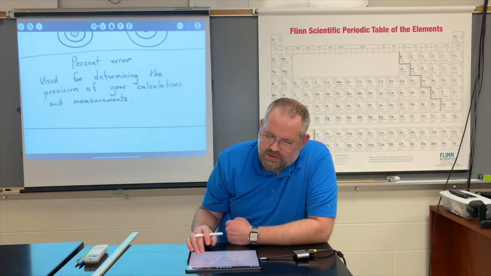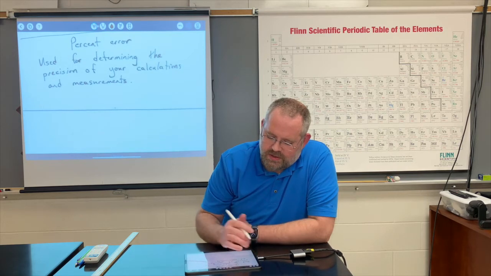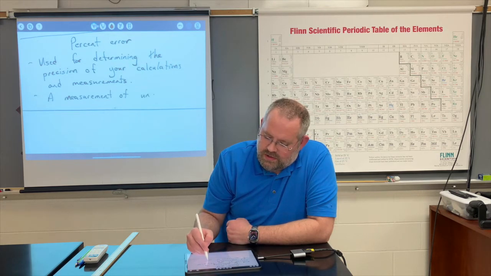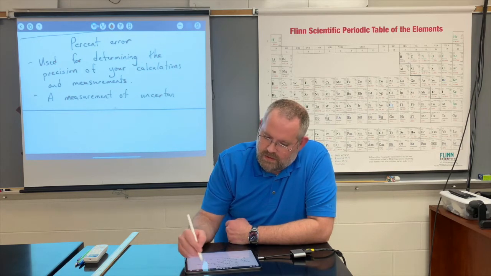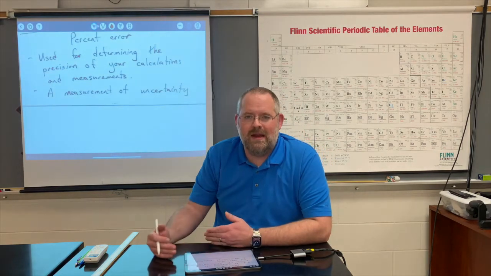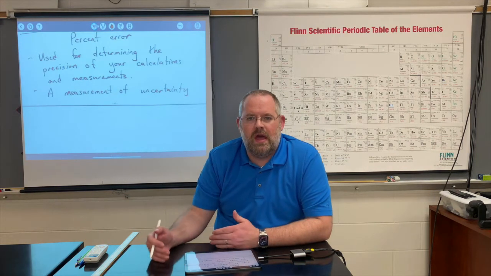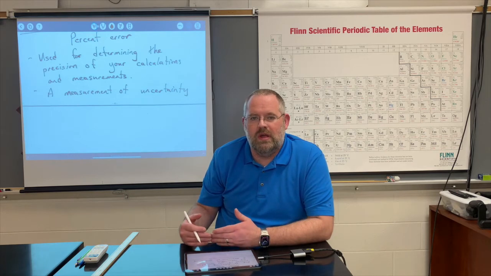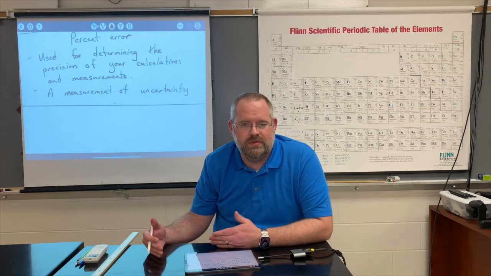Okay, so sometimes we call this a measurement of uncertainty. All right, so it is a mathematical calculation of how bad was our measurement, or how bad was our equipment, or how inaccurate was our bullseye, okay?